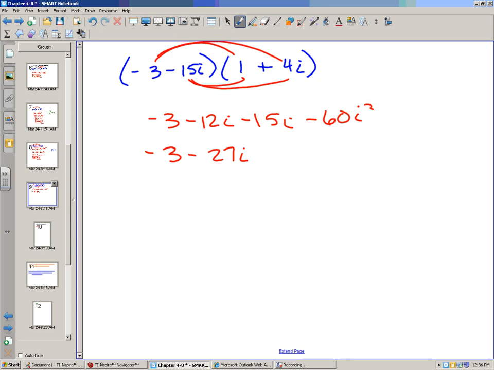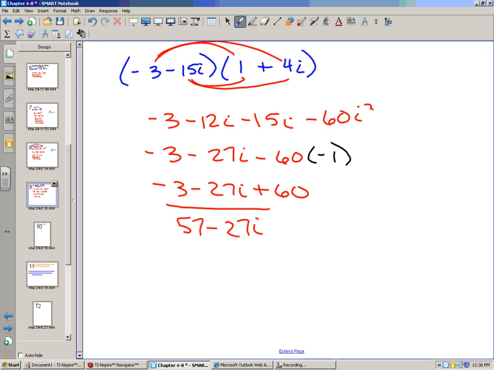And what is i squared equal to? So this is going to be minus 60 times -1. So that's -3 minus 27i plus 60 to give you 57 minus 27i. How many of you got that?